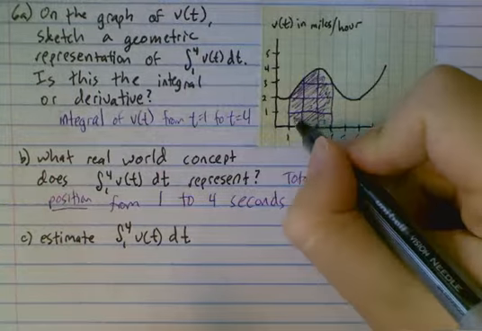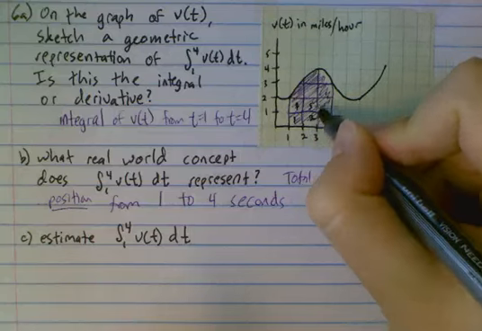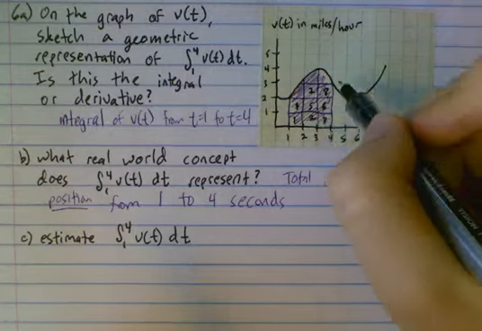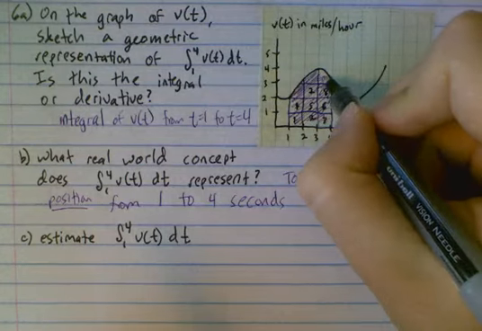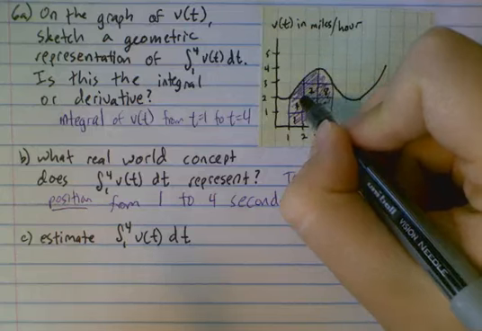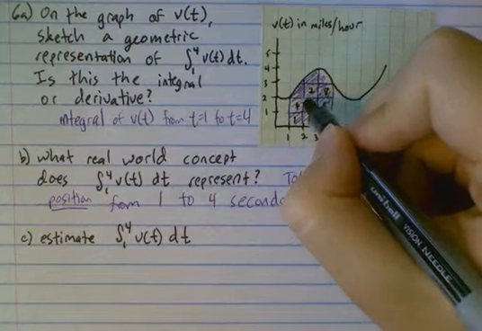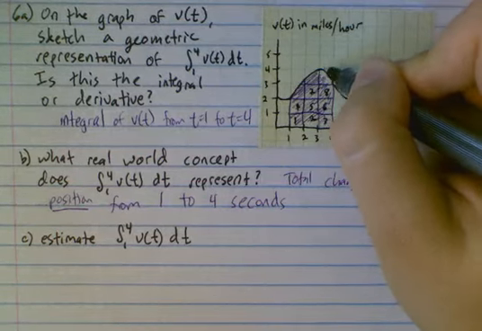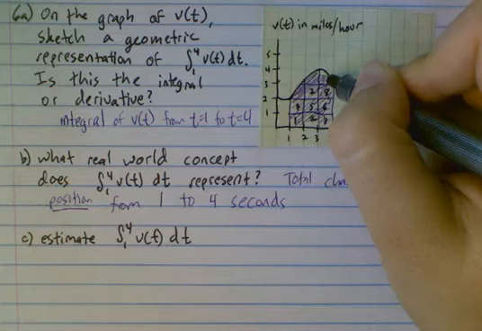Okay, so we've got 1, 2, 3, 4, 5, 6, 7, 8 whole squares. And then this one's a little bit more than half a square. That's a little bit more than half a square. That's a little bit more than half a square. So if we put them all together, then these two together are going to make a ninth plus a little bit.